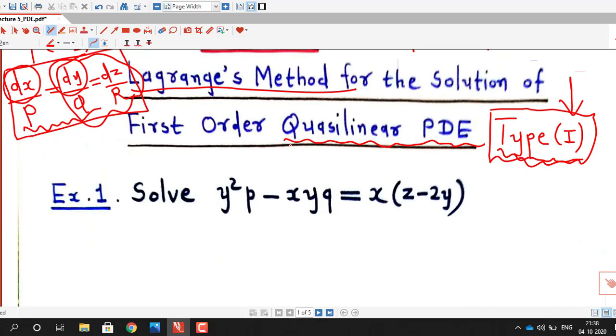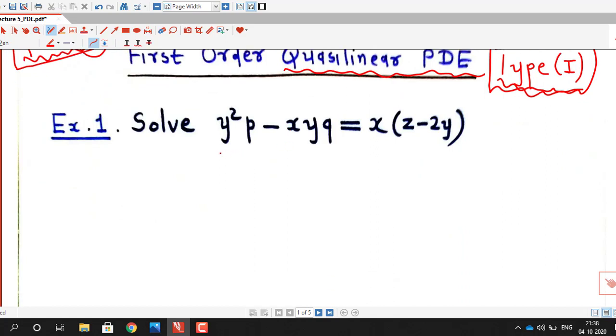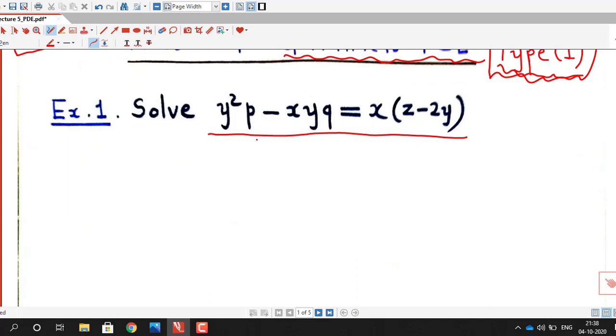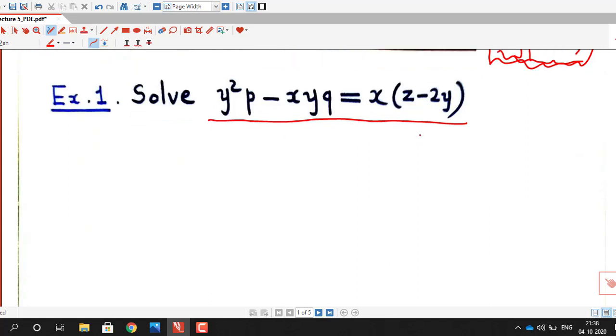So let us solve this equation, which is a Lagrange equation. You can see it is y square into p minus xy into q equal to x into z minus 2y.